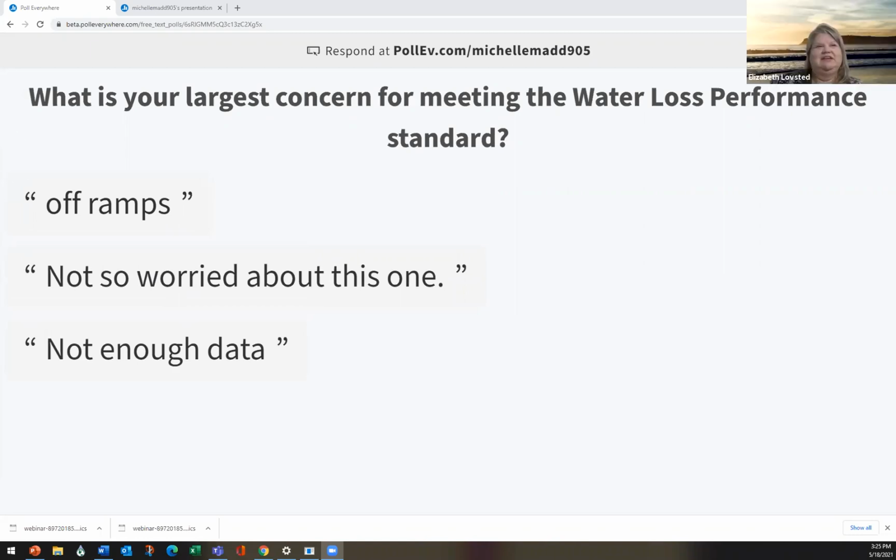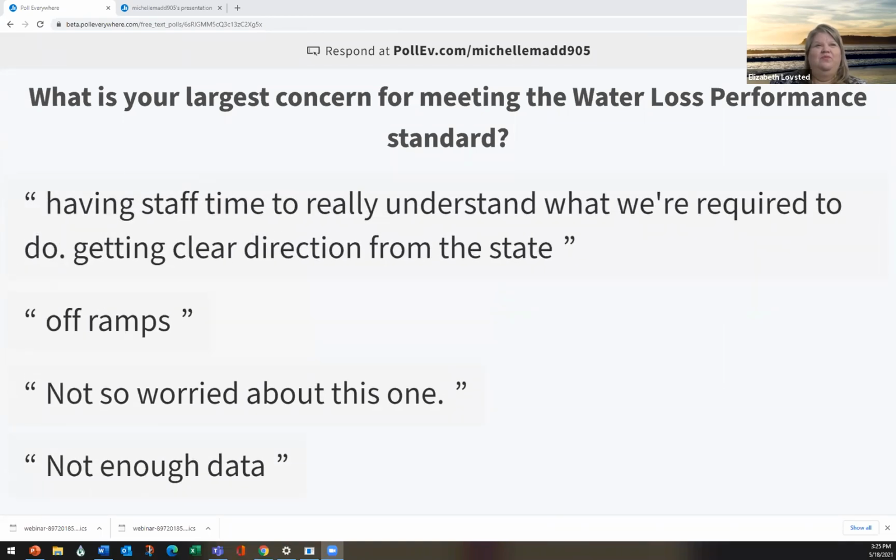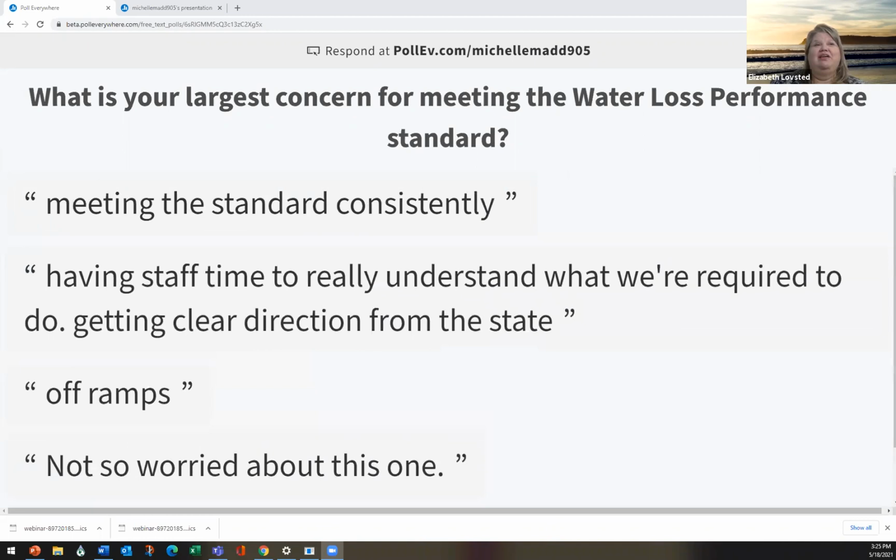All right, good questions. Not enough data. Not so worried about this one. Off ramps. Yes, that's a good one. The model and the standards are certainly complex. Meeting the standards consistently. This, unlike the other performance standards that are going into the long-term efficiency standard, will actually be regulated separately.